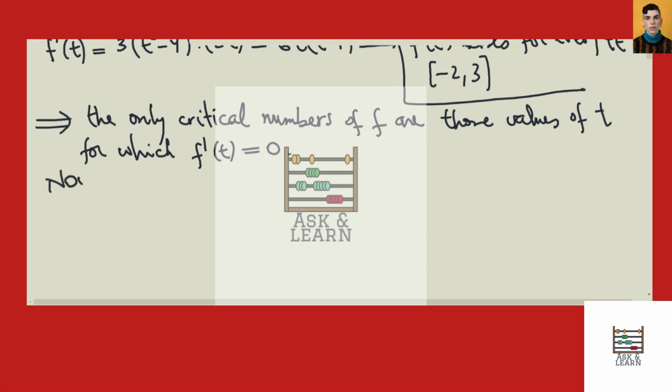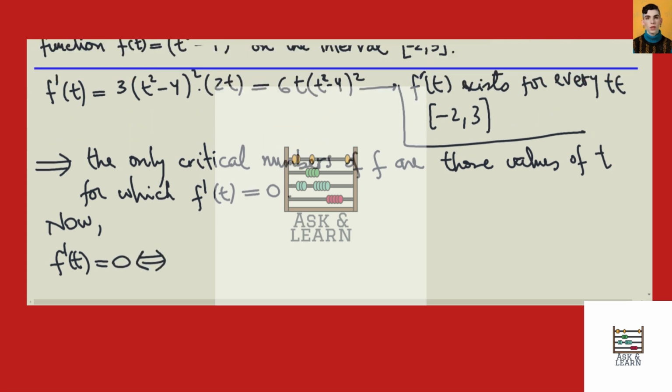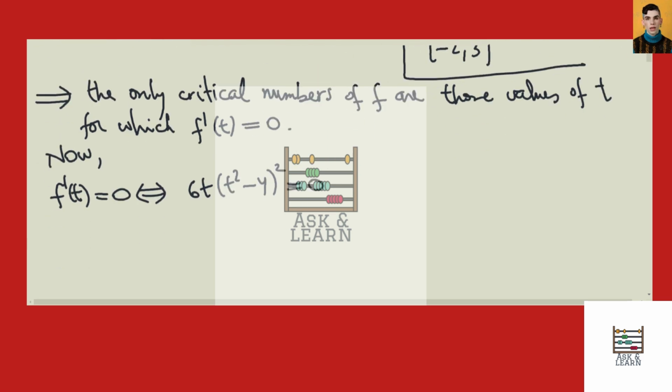So we start with that equation, the first derivative of f at t equals 0, and this is equivalent to the equation 6t times (t squared minus 4) squared equals 0, because this is the formula for the first derivative of f.